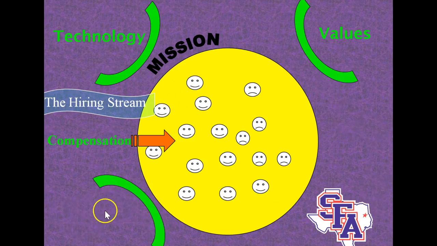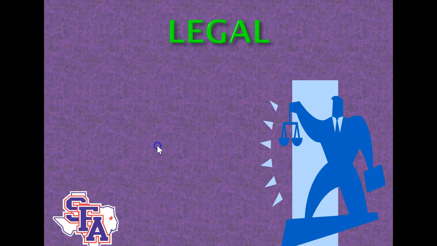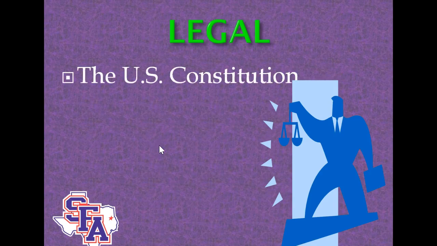Okay, we have another crescent here. This one is going to be the legal environment. The legal environment penetrates inside our organizations in many ways. We're going to talk quite a bit about the U.S. Constitution, more specifically the First, Fourth, Fifth, and 14th Amendments.